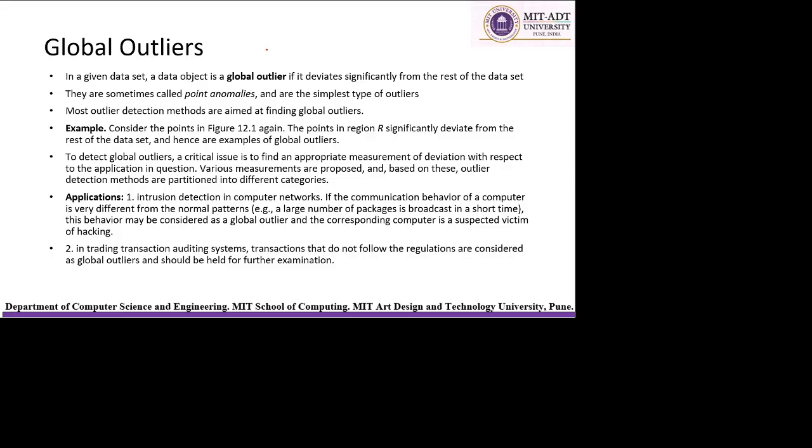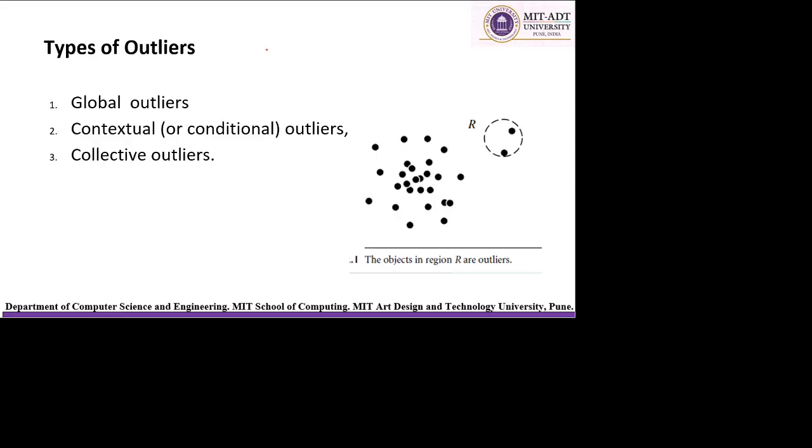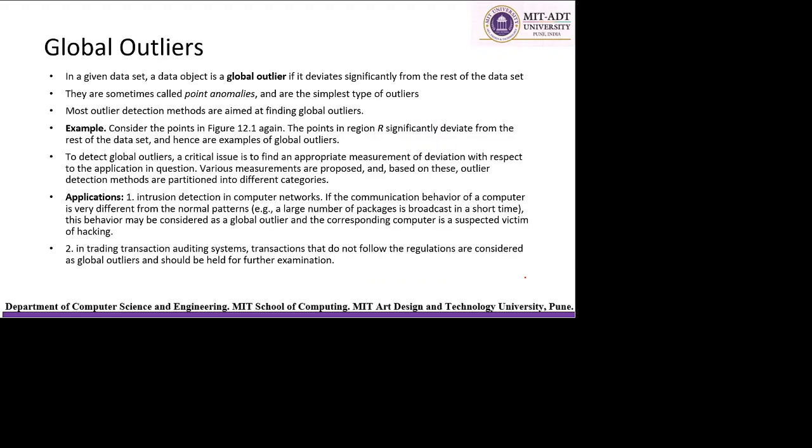For example, you can see in this figure, all the data points are normally arranged in this space, but these two data points are far apart from all the other data points. So I can use a distance measure or Euclidean distance, and clearly these data points are considered outliers. So the objects in this region are the outliers.